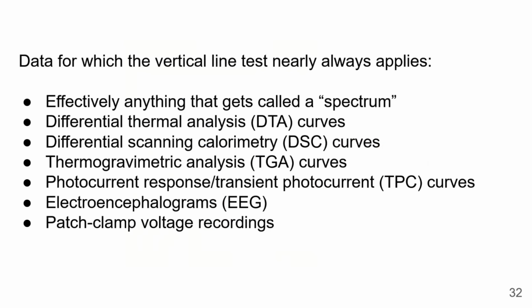So as I mentioned before, there are lots of different types of data that should obey the vertical line rule. Anything that gets called a spectrum, effectively anything where you would expect one value on the x-axis to correspond to one value on the y-axis. And you would be surprised how often this rule is violated.